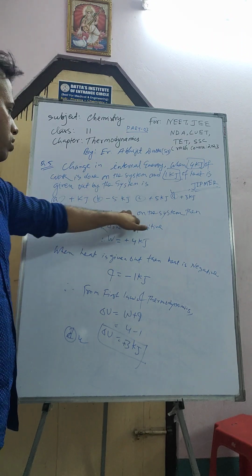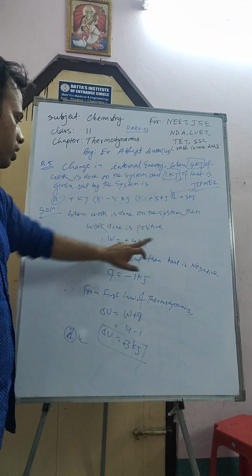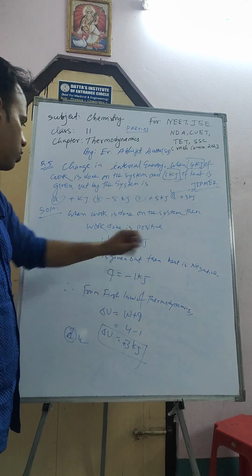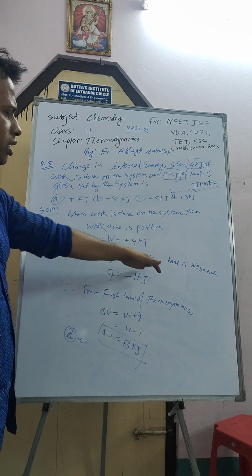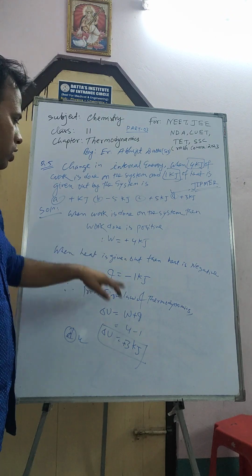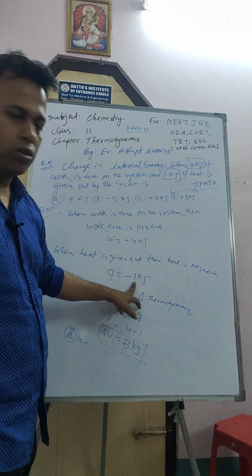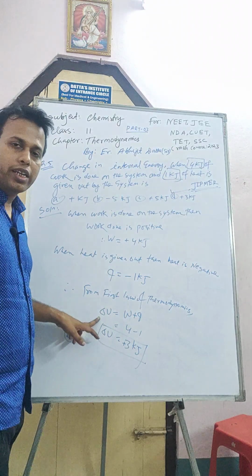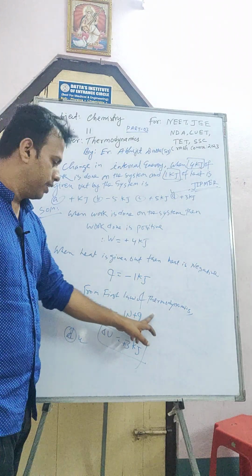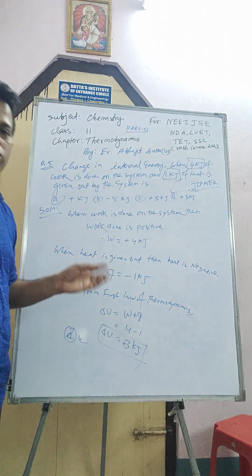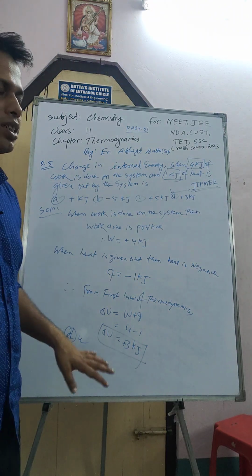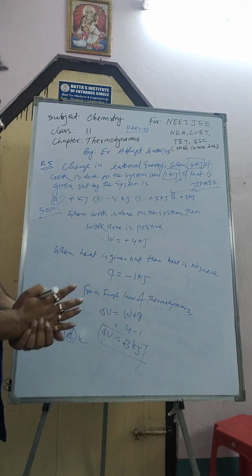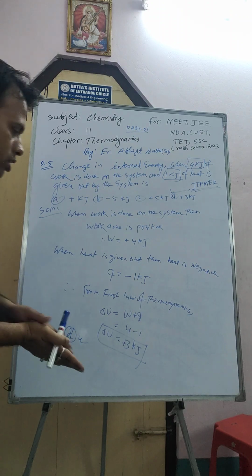When work is done on the system, work done is positive, so W equal to plus 4 kilojoule, and when heat is given out, heat will be negative, so Q will be minus 1 kilojoule. From the first law of thermodynamics, change in internal energy equals work done plus heat. I put the values of W and Q, and the final answer, plus 3 kilojoule, came out. Option D is the correct answer.